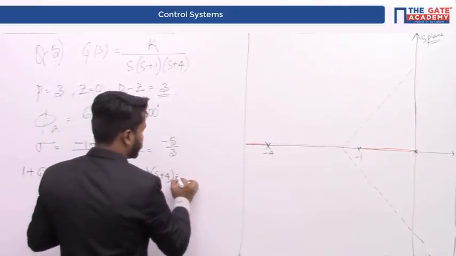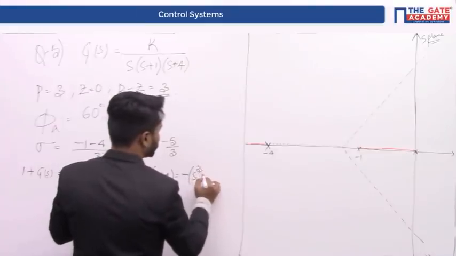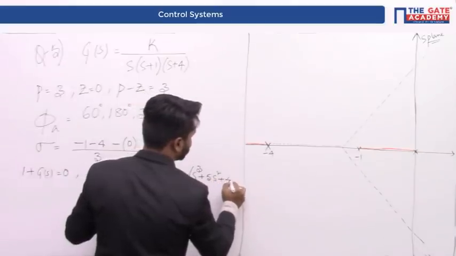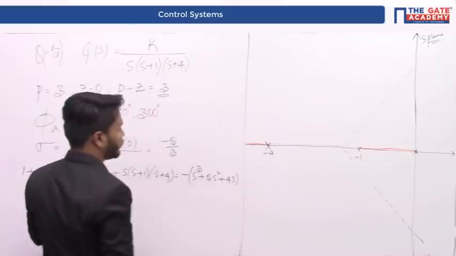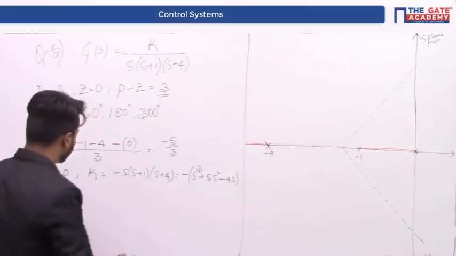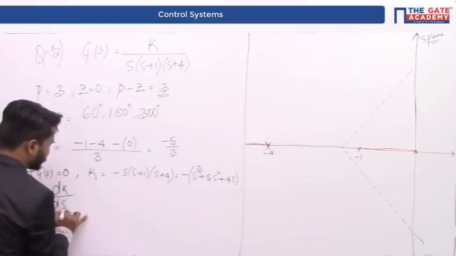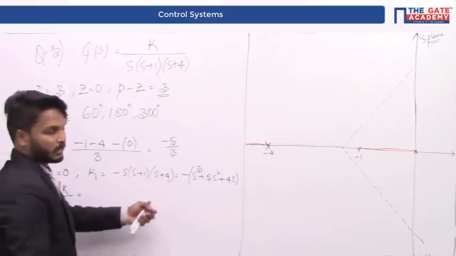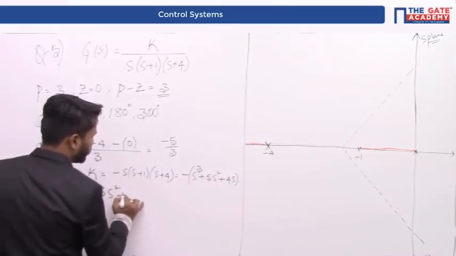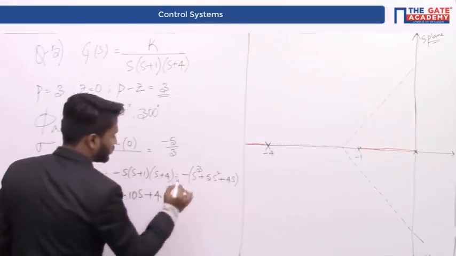Therefore, K is equal to minus of s cube plus 5s square plus 4s. In order to find the breakaway points, you need to equate dK by ds to 0. From this we get 3s square plus 10s plus 4 is equal to 0.